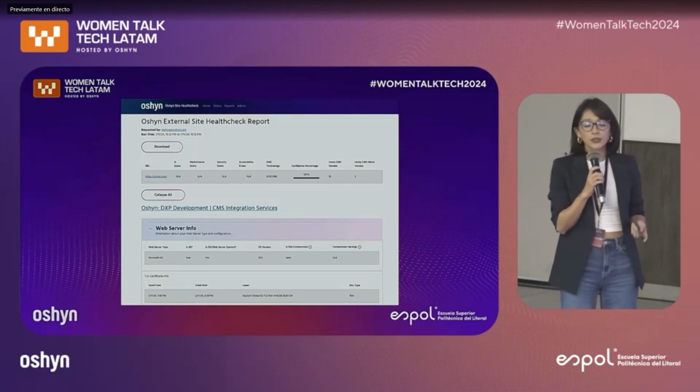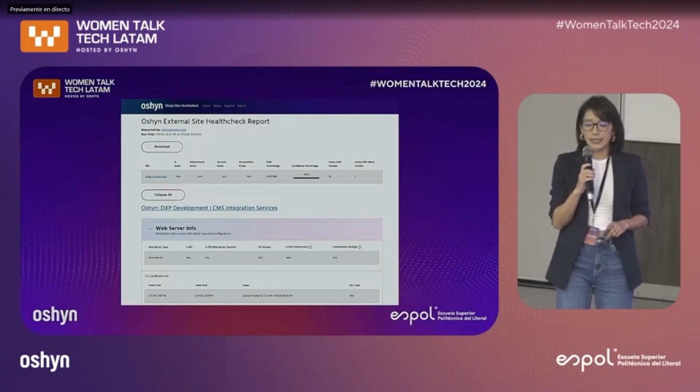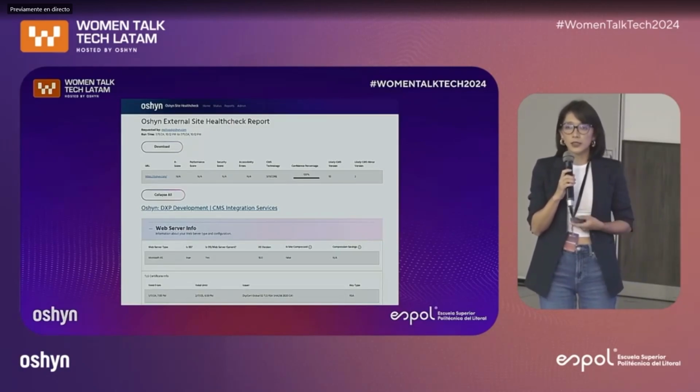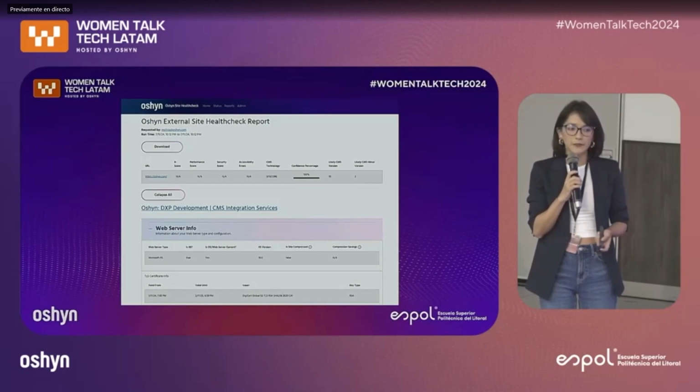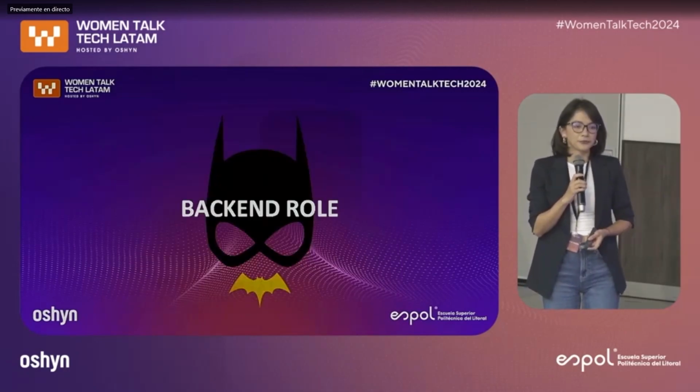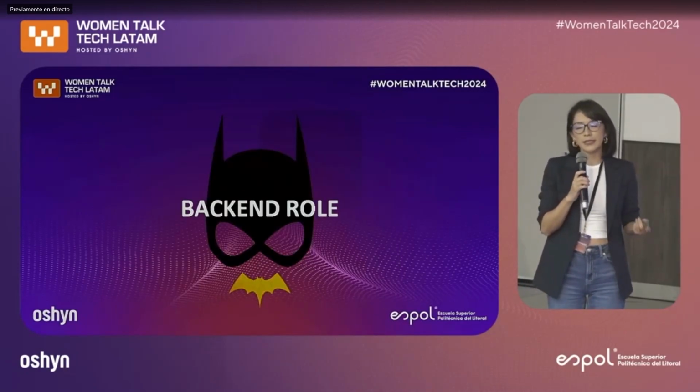You cannot identify something that you cannot measure, and you need to improve things. So with these metrics, our students can identify what could be improved in order to improve their final client's product.